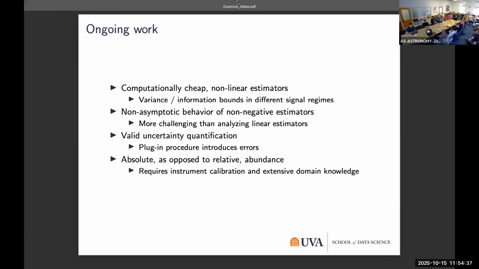And then finally, this is less of a statistical problem, I think, than a problem that would be best approached with domain experts. What we're getting is some kind of unitless relative abundance. It's hard to say exactly what these numbers mean other than relative to the other coefficients that you're estimating.